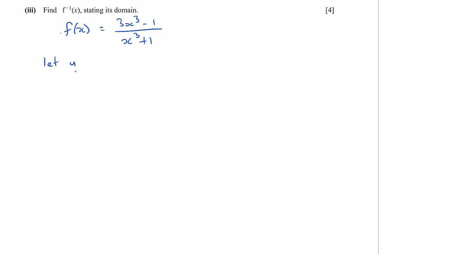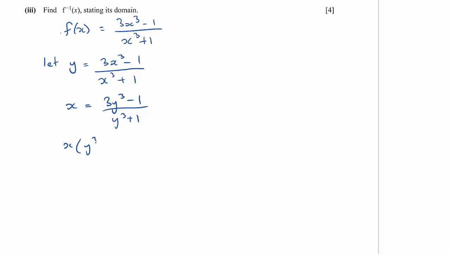So we've got to let y be equal to 3x cubed minus 1 over x cubed plus 1, and then interchange the x and the y. So we've got x equals 3y cubed take away 1 over y cubed plus 1. And then we want to make y the subject. So bring this one up over here, and we've got x times y cubed plus 1 equals 3y cubed take 1.